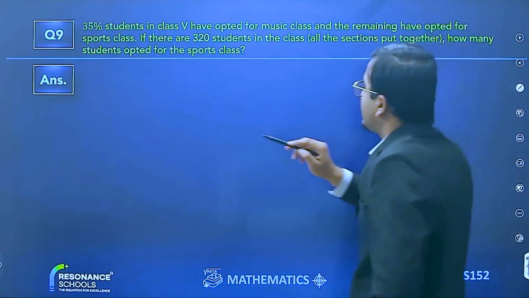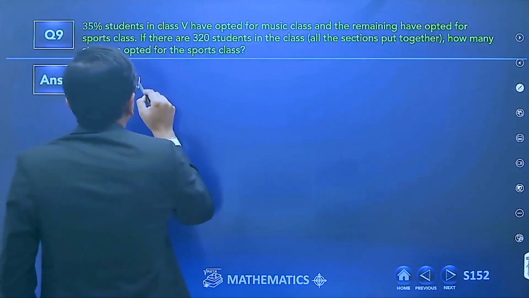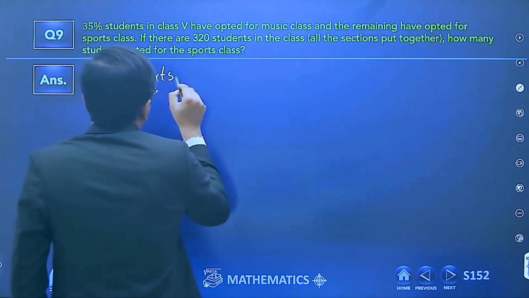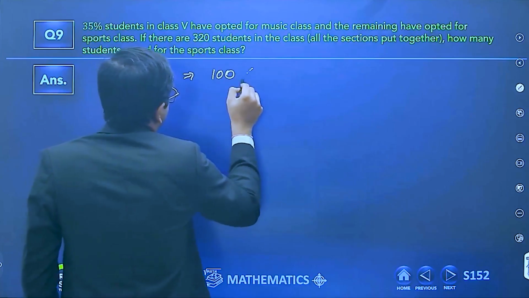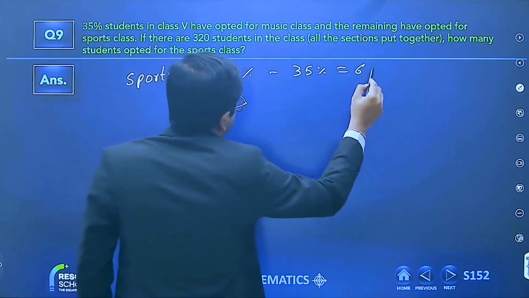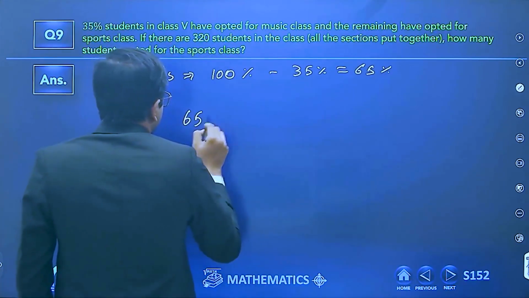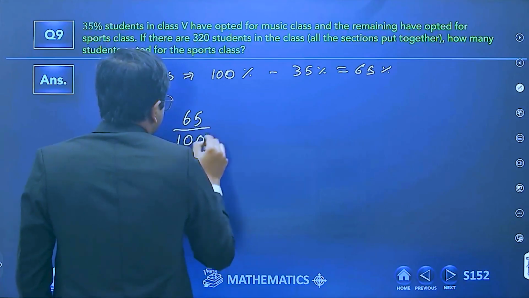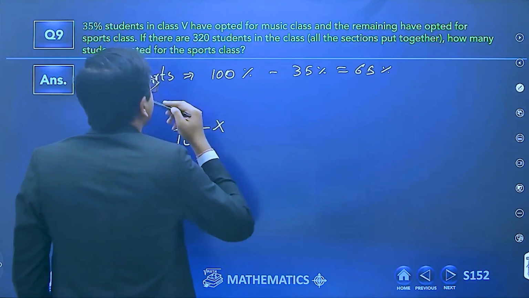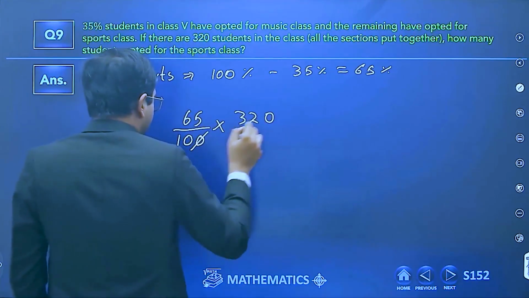So first find the sports percentage. That will be 100% minus 35%, which is 65%. Now 65% means 65 by 100 into the total count, that is 320. So 0 gets cancelled.